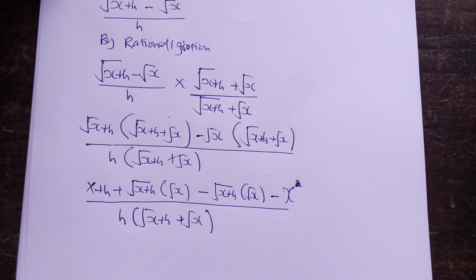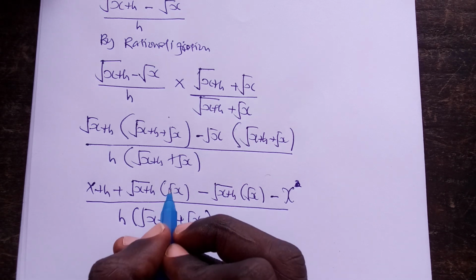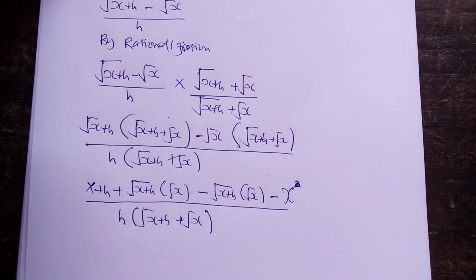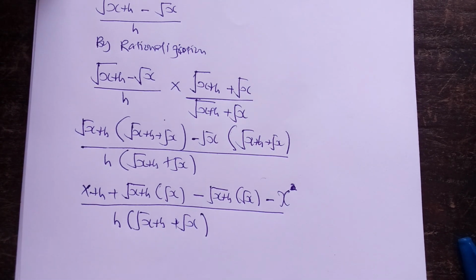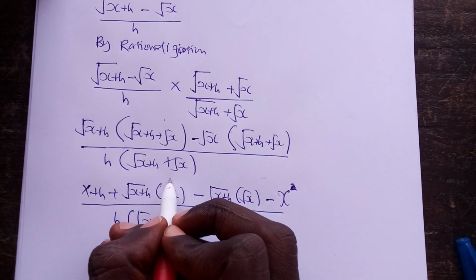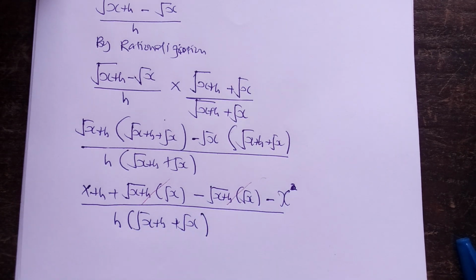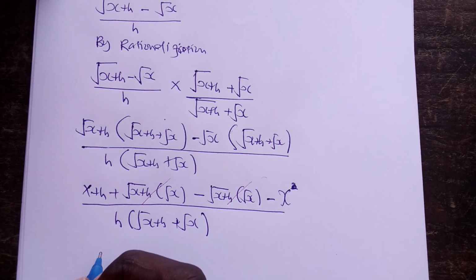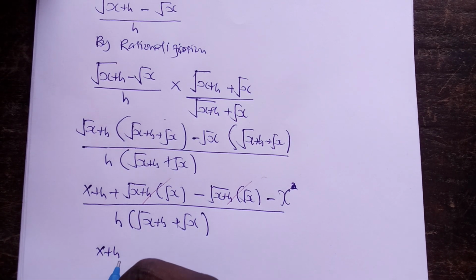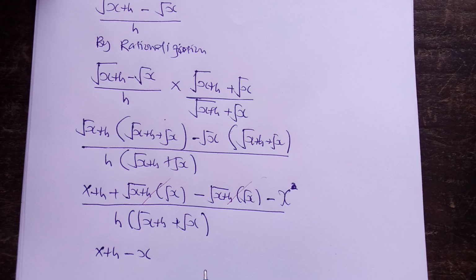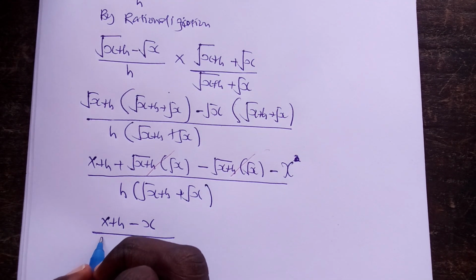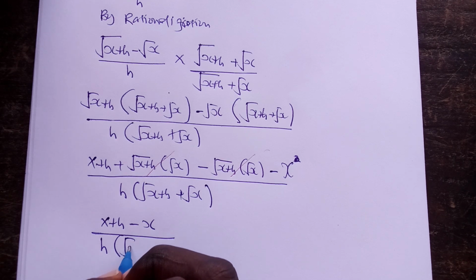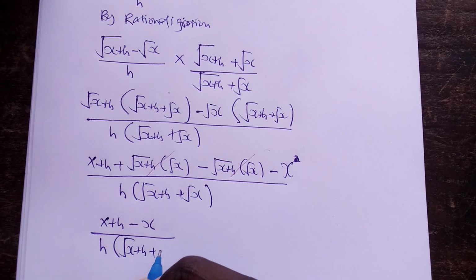It continues. Now we know this is cancelling this, because this goes. Let's see what remains. It is x plus h minus x, divided by the denominator, that is h into root of x plus h plus root x.